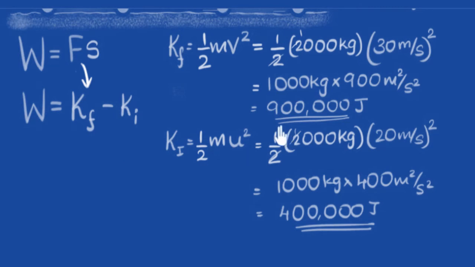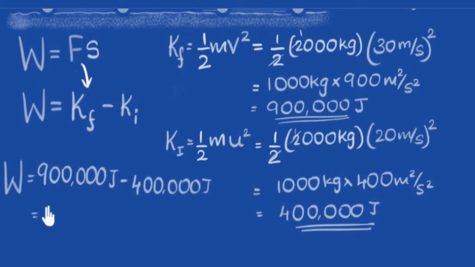Now work done just represents final minus initial, meaning how much kinetic energy got added. So the work done on this truck should equal the final, 900,000 joules, minus the initial, 400,000 joules. How much is that equal to? That is 500,000 joules.